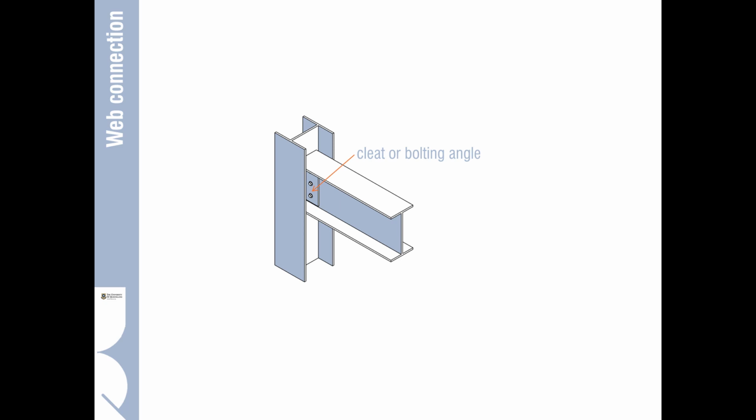So those cleats or bolting angles are those tertiary elements, or those extra things that we need to weld on or add to our standard structural elements to make the whole system come together.